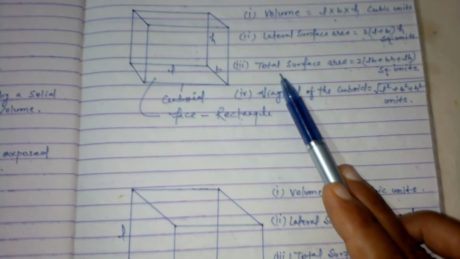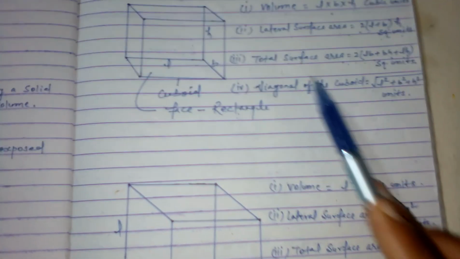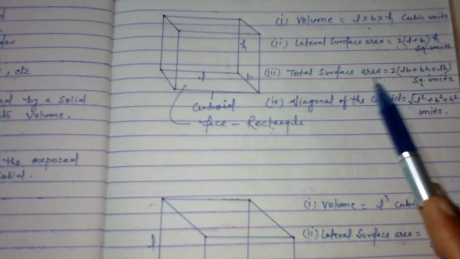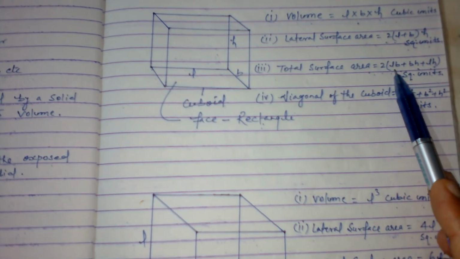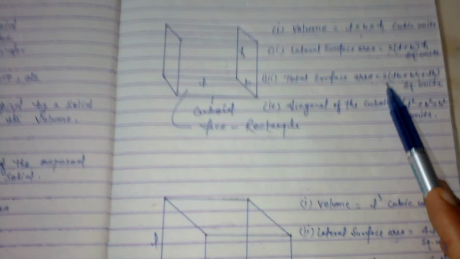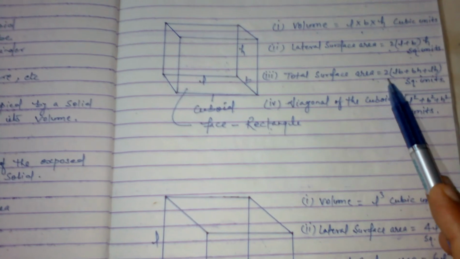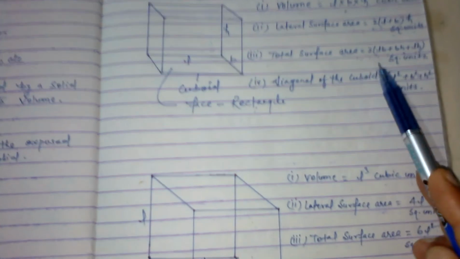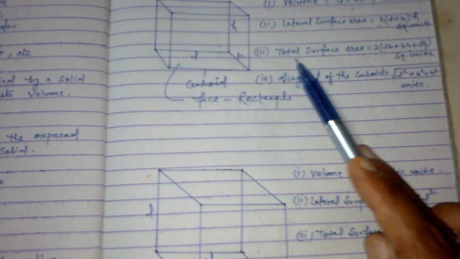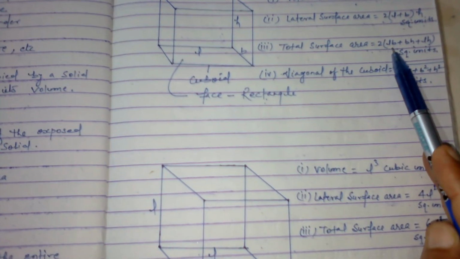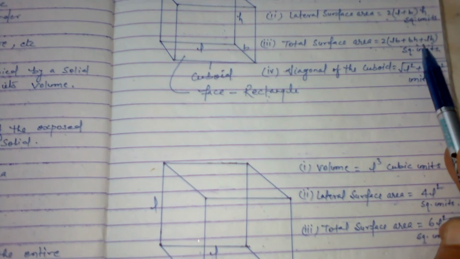Similarly, from the total surface area of cuboid we can calculate the total surface area of cube. Total surface area of cuboid is 2(LB plus BH plus LH). We just put L in place of B and L in place of H. Total surface area of cube will be 2(L into L plus L into L plus L into L).